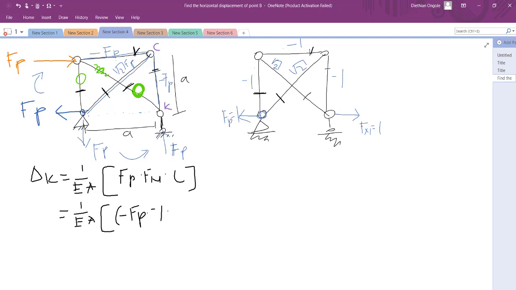Length was A, so times A, then plus, we look at the next one. Let's say this one here, this is negative Fp times the corresponding Fn of negative 1, then the length is also A, and then lastly we have this rod, this one here.